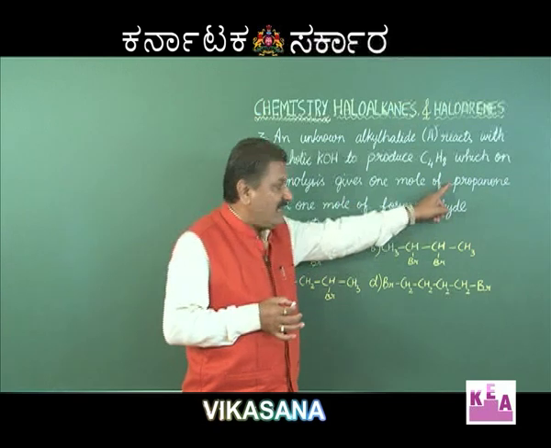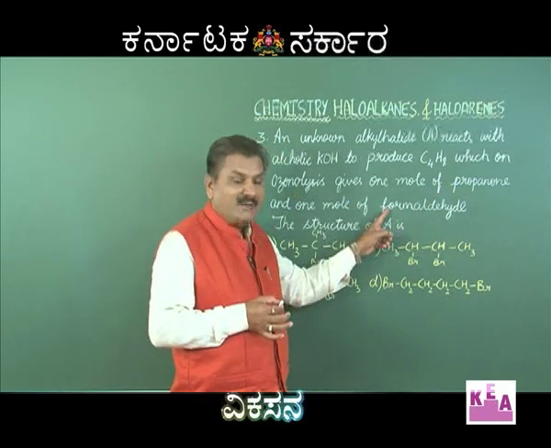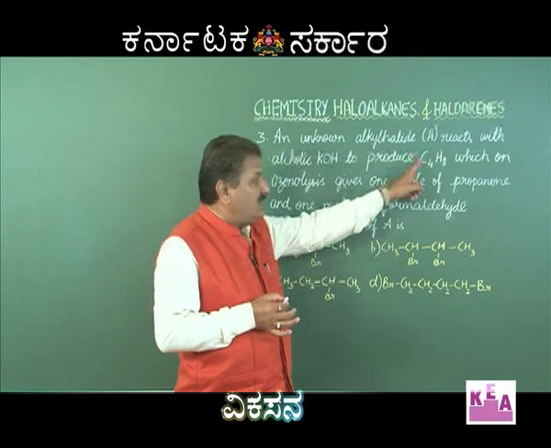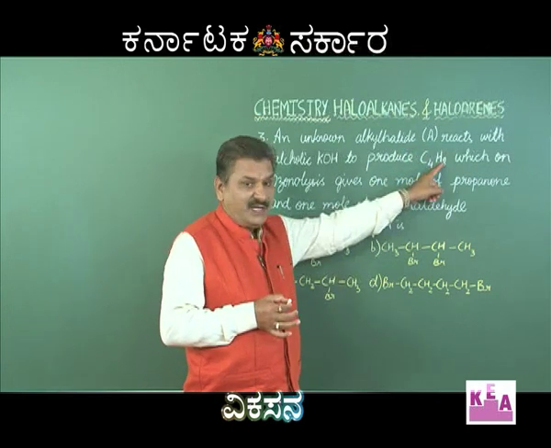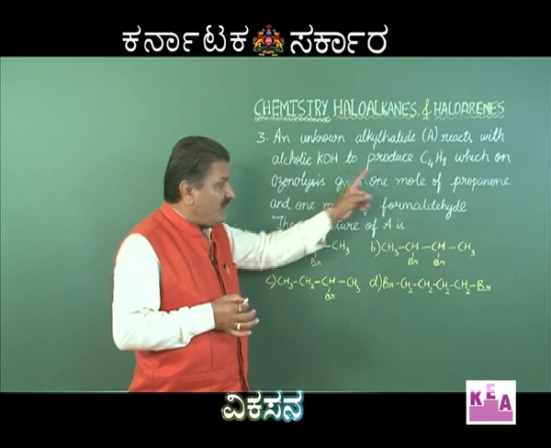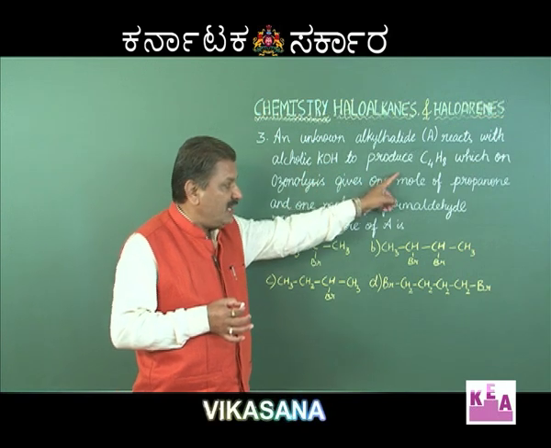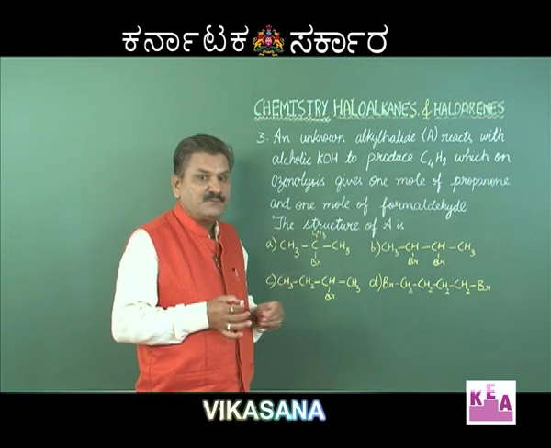So, one part has 3 carbon atoms and the other part has only 1 carbon atom. Since the alkene is C4H8, all the options contain 4 carbon atoms. But to select the correct option, first think of dehydrohalogenation followed by ozonolysis to get aldehydes and ketones.